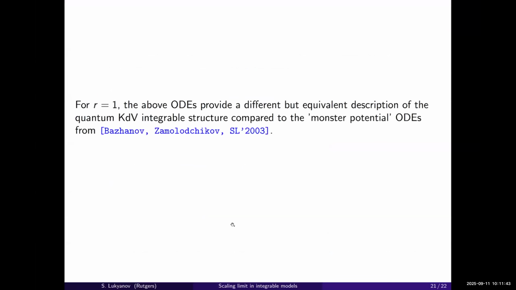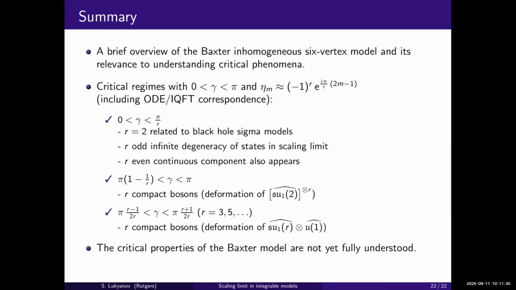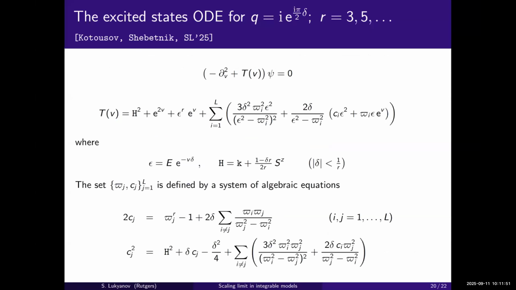So I have a question. We do have the monster potential, which by definition shouldn't be very pleasant to look at, but your potentials are better. The equation looks better, and you see the free fermion structure.